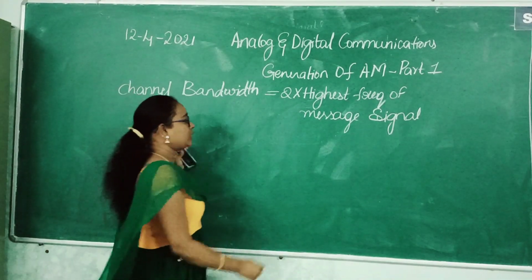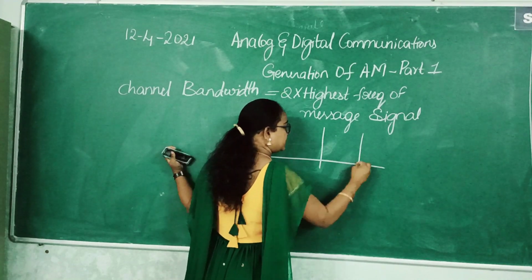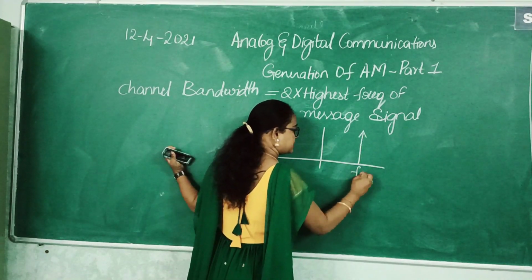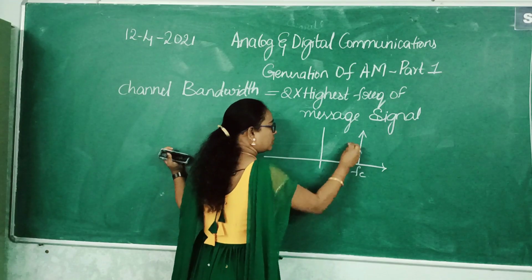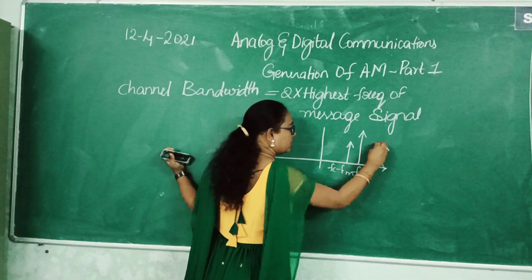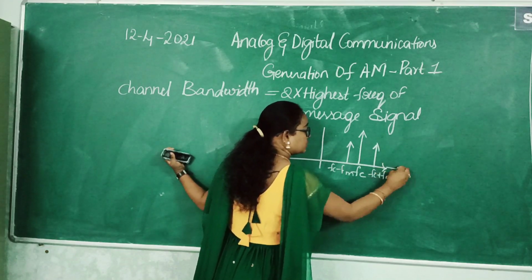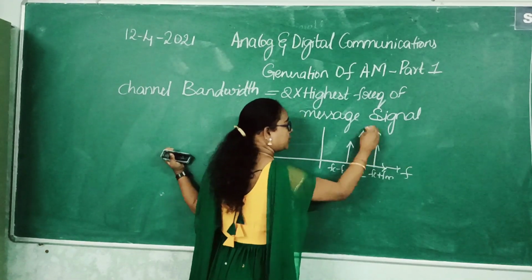In single tone and multi-tone, the magnitude spectrum we got is this: this is FC. The lower sideband is FC minus FM, the upper sideband is FC plus FM. This x-axis is about frequencies.